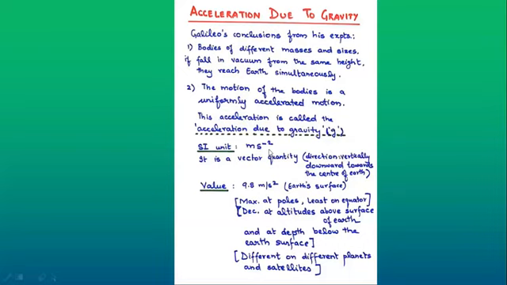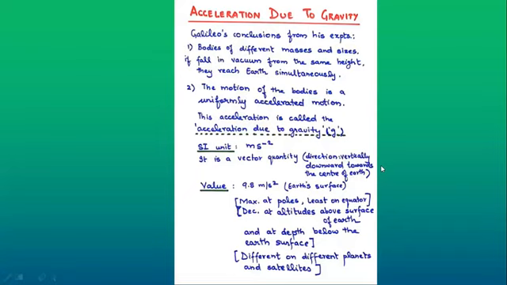Its SI unit is meter per second square. It's a vector quantity. Since it is a vector quantity, what will be its direction? It will be directed vertically downwards towards the center of Earth. Its value is found to be 9.8 meter per second square, and the value of g varies from place to place.